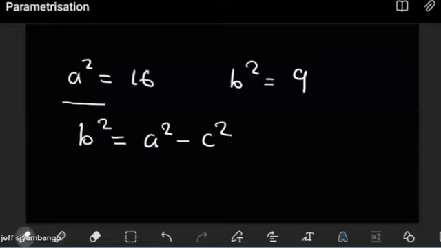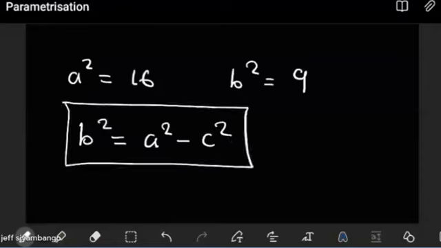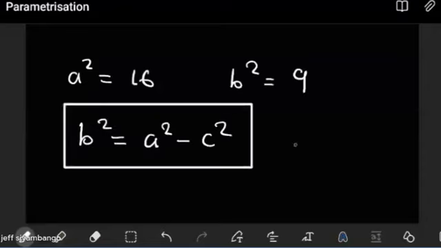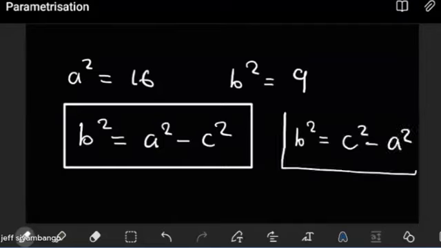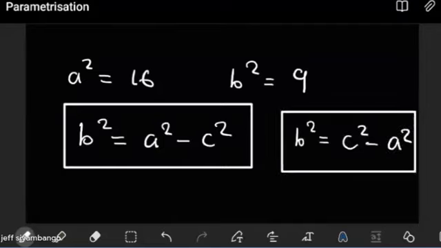This is if you're dealing with an ellipse. If you're dealing with a hyperbola, you have b squared equal to c squared minus a squared. This is if you're dealing with a hyperbola. So this is for an ellipse.